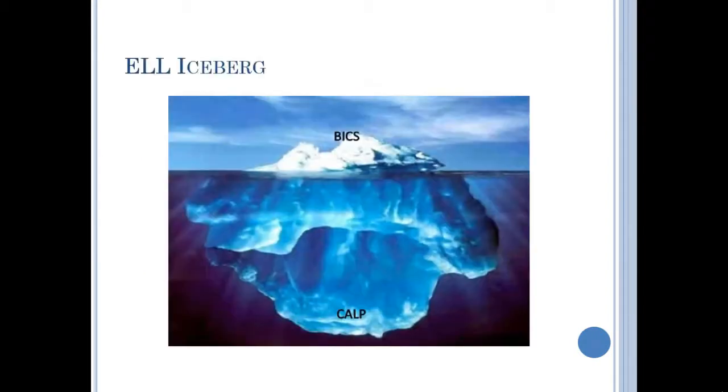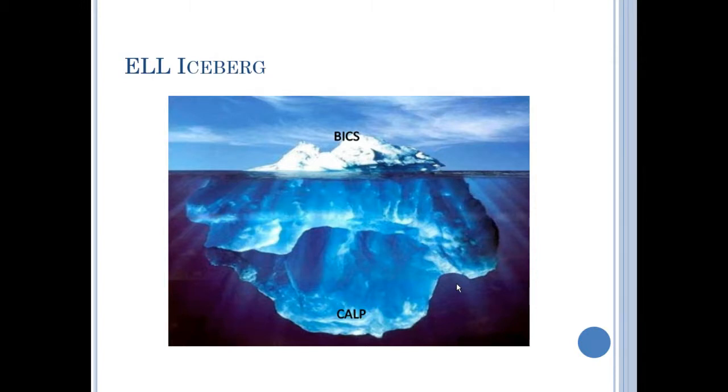Depending on, so here we go, there's an iceberg. So a student can appear to be pretty fluent or conversational in English, but, as I'm speaking to you right now, I'm using mostly BICS, maybe some academic vocabulary and structures. If you met me on the street, you'd go, wow, Mitch is pretty fluent in English.